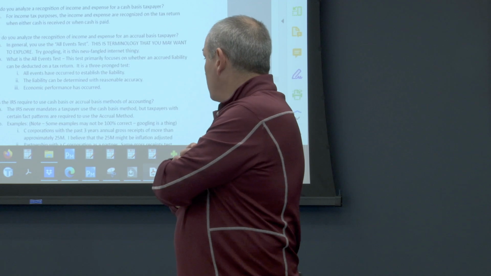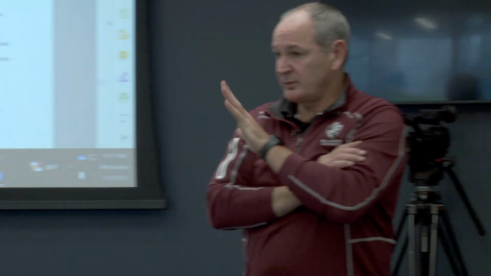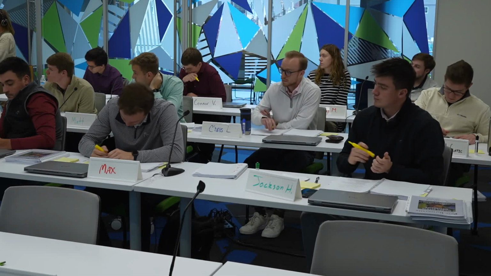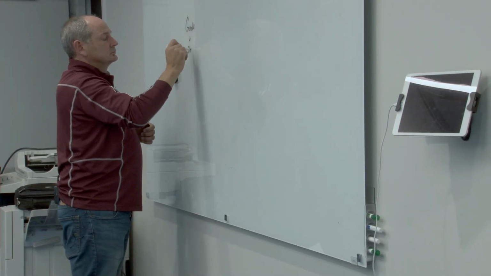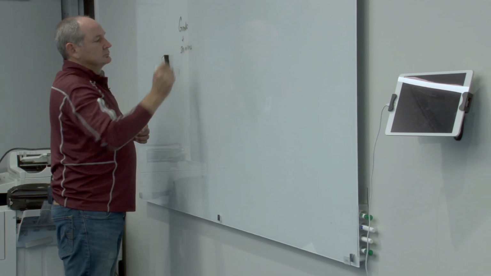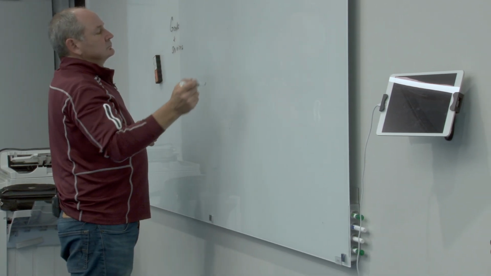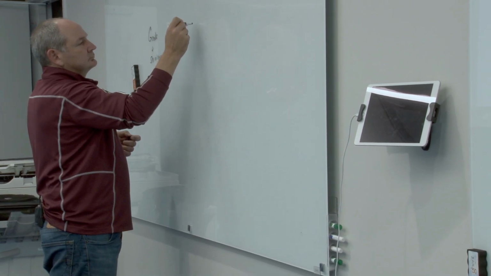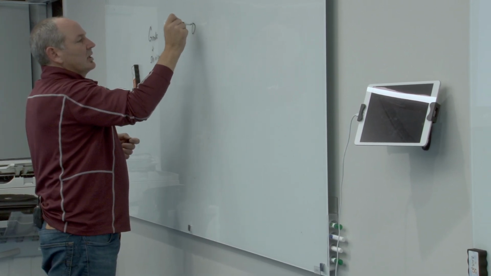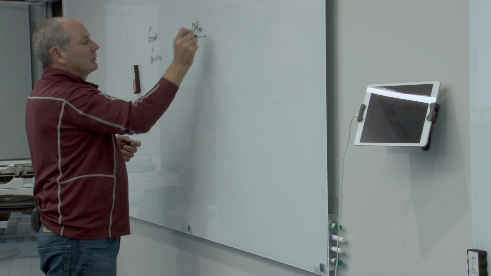So let's, I don't know if I have this somewhere, but this is worth knowing. I'm just going to call it other for now. I don't have a better word.